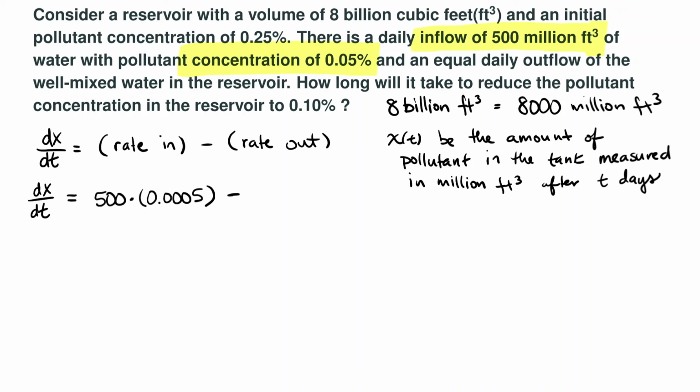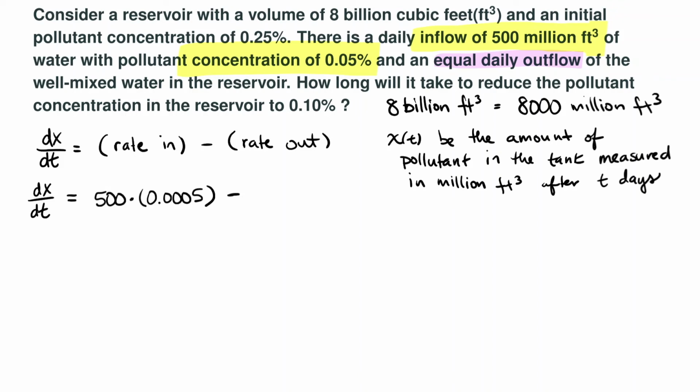Now our rate out, we know that we're having exactly an equal outflow, so we still have 500 million cubic feet flowing out each day. However, we don't know the pollutant concentration right off the bat, because remember that's the mixed reservoir.